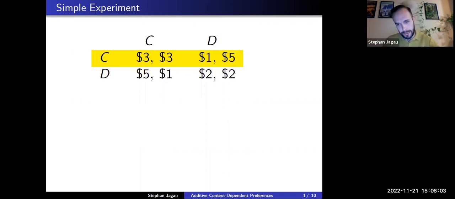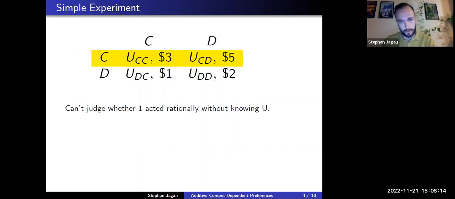And I would say maybe the most convincing defense you could have for classical game theory in this case is to say, well, we don't even know what that subject's utility function is. We can't really judge whether that role player acted rationally without knowing what utility he attaches to those game outcomes.